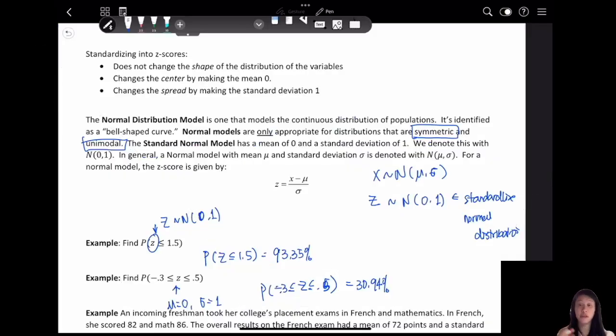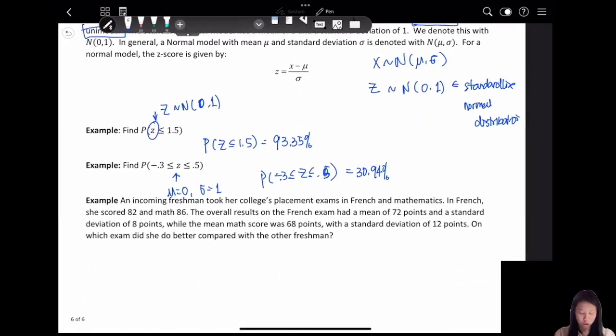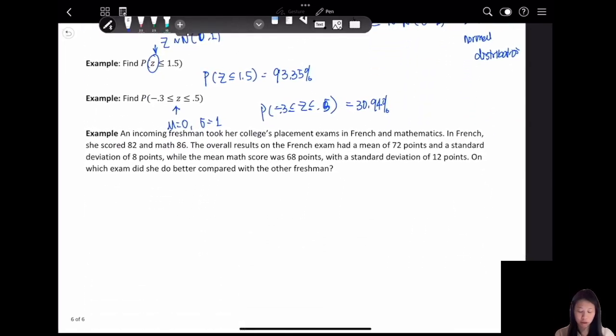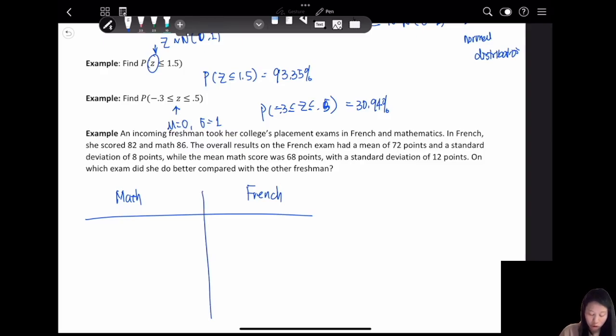Okay, so now let's look at another example. An incoming freshman took her college placement exam in French and mathematics. It would be easier if we make a chart. Her real score in French is 82, and in math she scored 86.